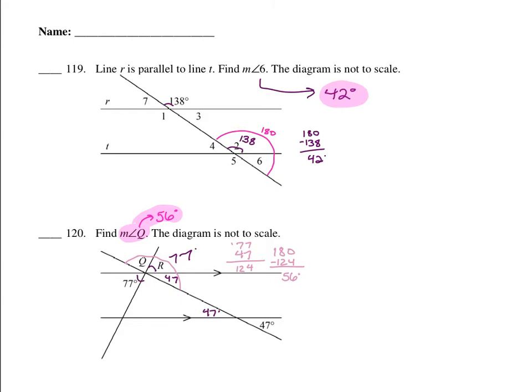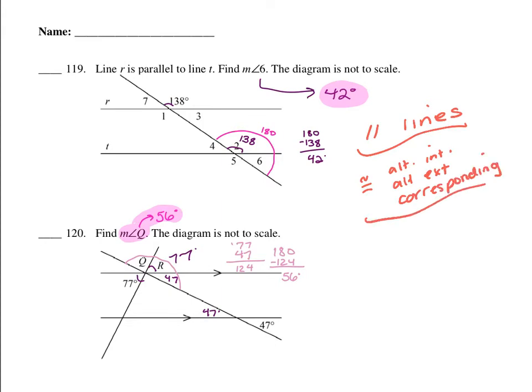If they're parallel, which are the kind of angles that are congruent? There's 3 of them. Which special pair of angles are congruent if the lines are parallel? Alternate interior, alternate exterior, corresponding. And what's the last special pair? Same side interior, consecutive interior, and those are supplementary, right?